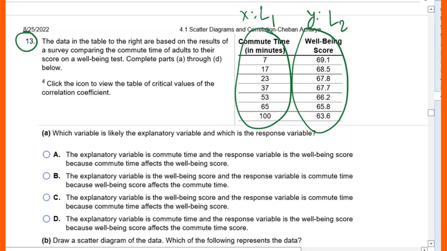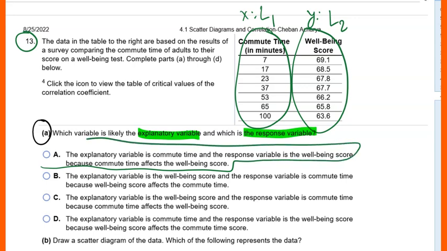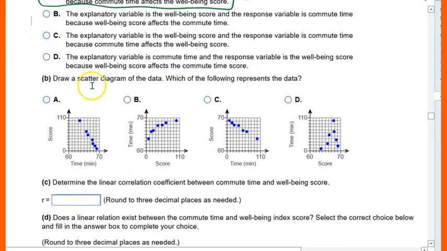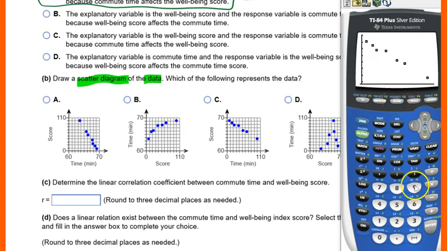Let's answer part A. Which variable is likely to be the explanatory variable and which variable is the response variable? As I mentioned before, the explanatory variable is commute time and the response variable is well-being score, because commute time affects the well-being score. Part B, draw a scatter diagram of the data. Again, since your data is in L1, L2 and your stat plot is on, as you did in question number 11, what you have to do is just press zoom and number 9, and thus you see the data.